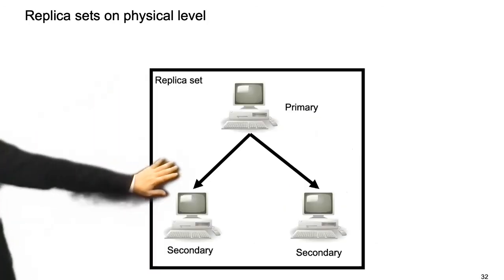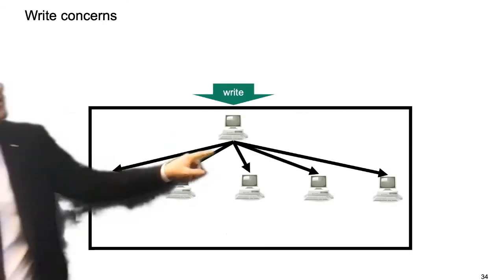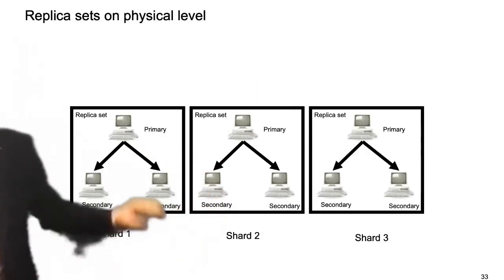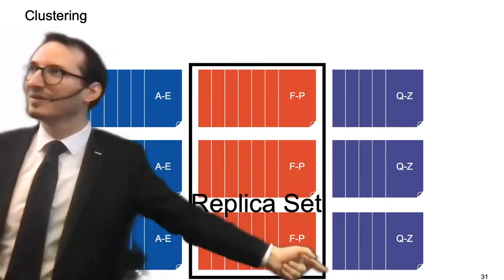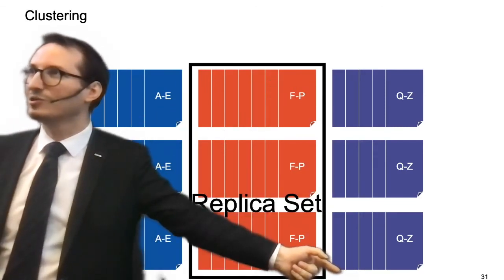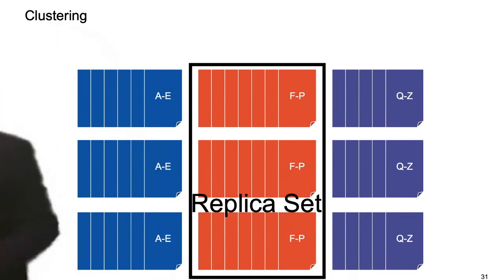Okay, yeah, then it's clear. Then F to P goes here 3 times, and so on. So these 9 machines correspond to these 9 partitions and replicas, right? It's just not drawn in the same way, but this is what it corresponds to.